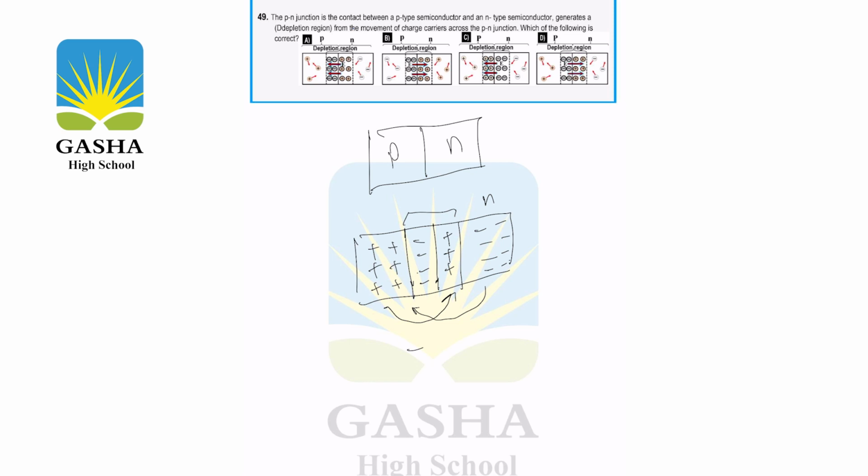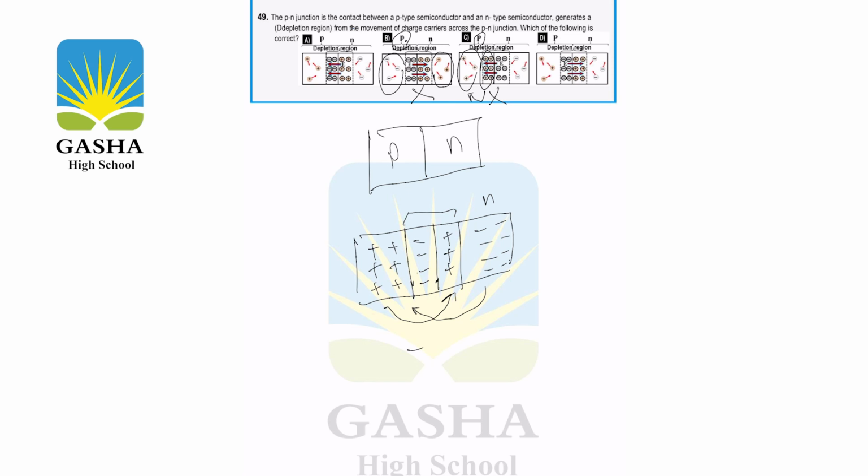As we can see from the figure that I just drew, we already know that B and D are false, because here we have P-type and the majority charge carriers are negative, but here we have electrons and here we have holes. And again, in this picture, in P, the majority charge carriers are holes. Okay, that's correct. But in the depletion region, we have holes near the P-type. So that makes C a very wrong answer.